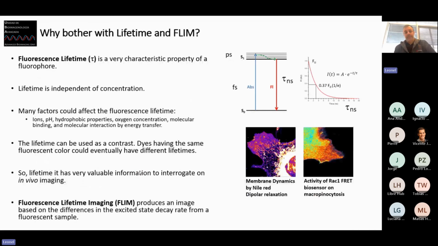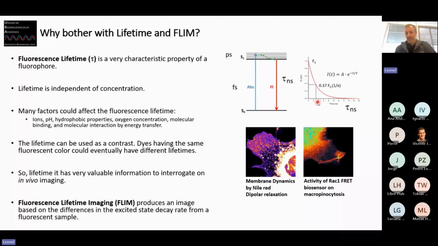So to start, I would like to say why bother with fluorescence lifetime? Well, fluorescence lifetime is a characteristic of any fluorophore that is independent of the concentration, and it gives you an idea of the average decay of a fluorophore in some environment. This makes it a very special quantitative approach to measure in cells or in living animals.